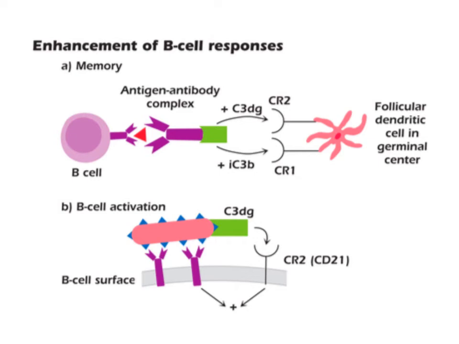So that was number one. Number two was in terms of B cell activation. You look at the B cell surface, and again, there are two different antibodies. They recognize the bacteria, and then there is another one, which is complement C3dg, and it will latch onto the site of the bacteria and communicate with the receptor expressed on the B cell surface, which is CR2.